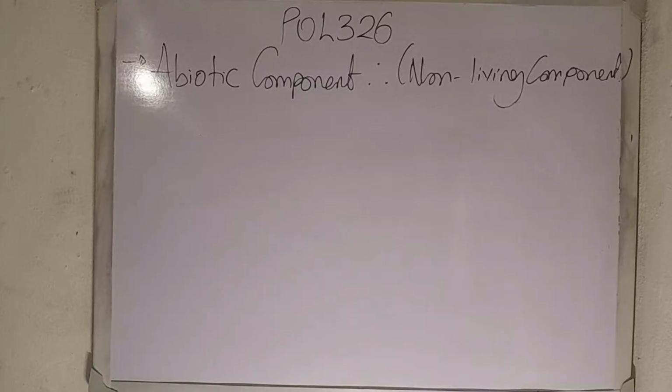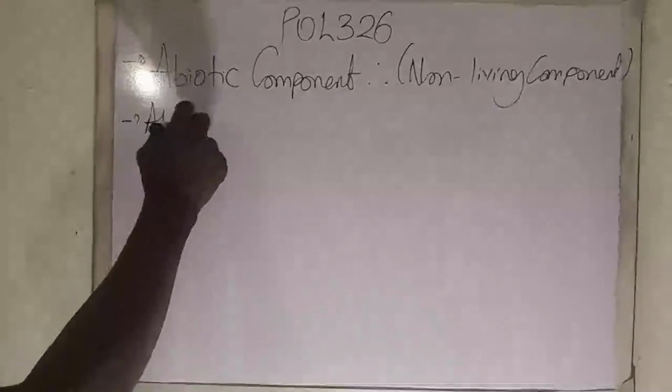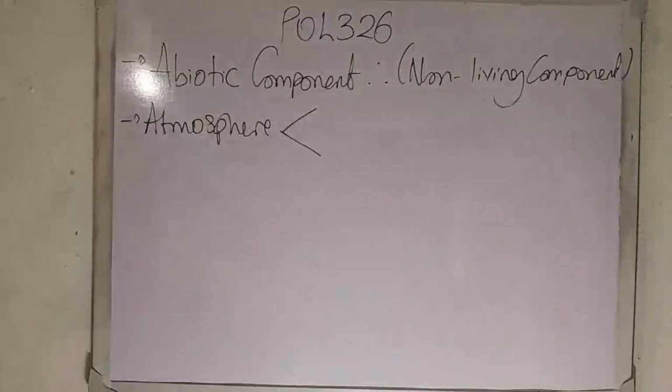Now, speaking of the atmosphere, we can talk of nitrogen and oxygen. They are the main components. Remember, we refer to the atmosphere as a thin layer of gases that envelops the Earth.